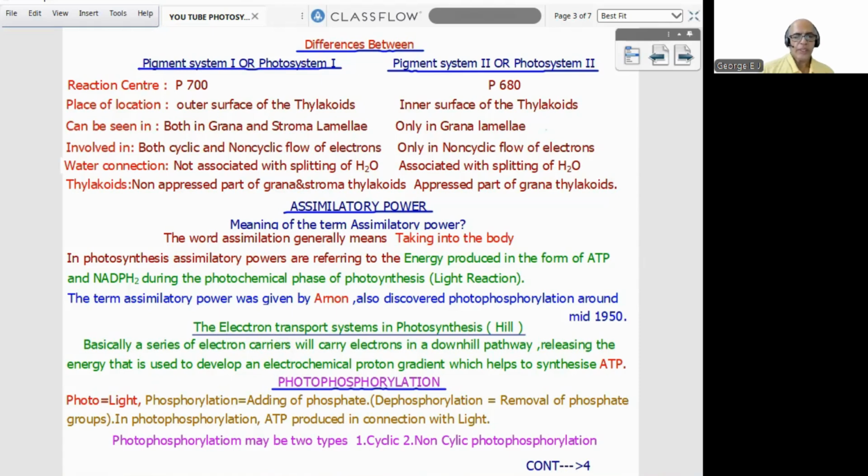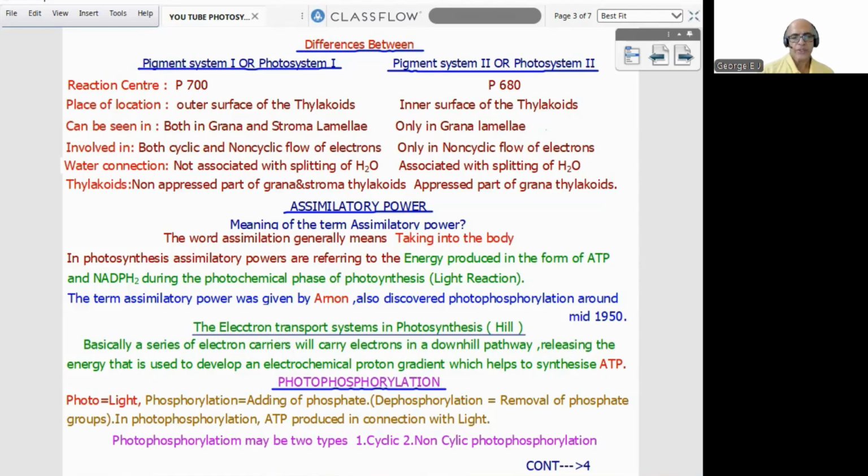Now, P700 is involved in both the cyclic and non-cyclic flow of electrons, while P680 only in non-cyclic flow of electrons. Water connection: PS1 is not connected with the splitting of water, photolysis, while PS2 is concerned with the splitting of water.